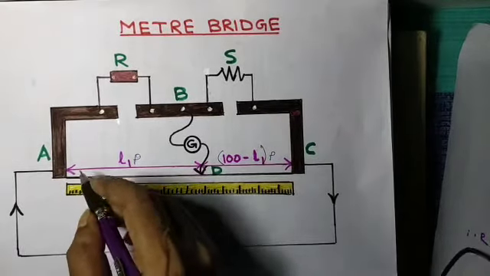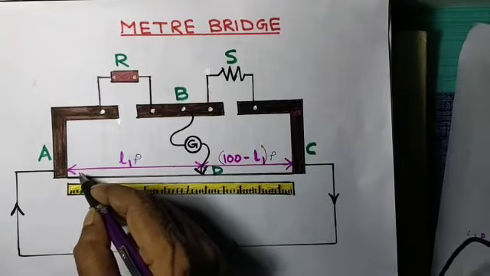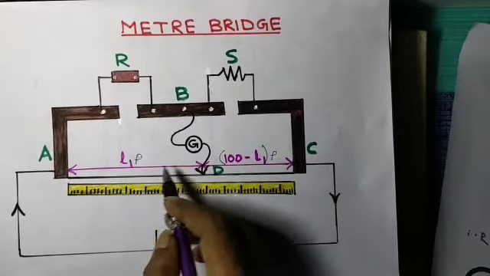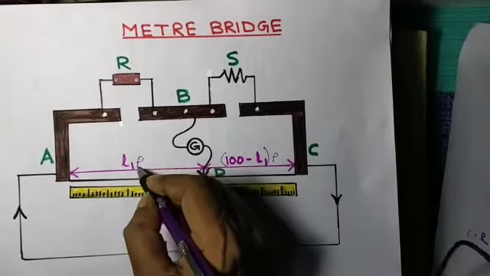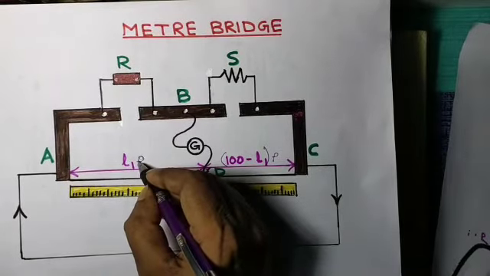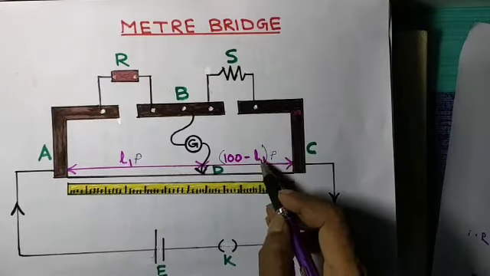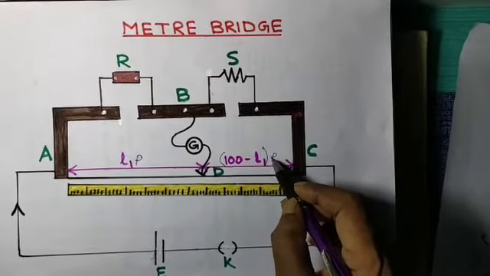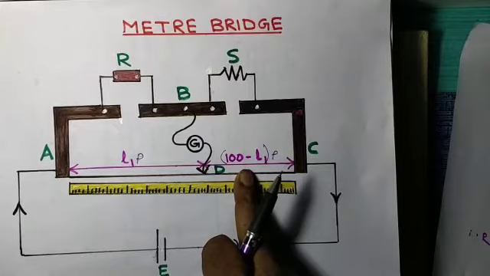If we consider that the resistance of unit length of the wire is rho, then the resistance of the wire of length L1 will be L1 into rho. And the resistance of the wire of length 100 minus L1 will be 100 minus L1 into rho. How has it come to be 100 minus L1?